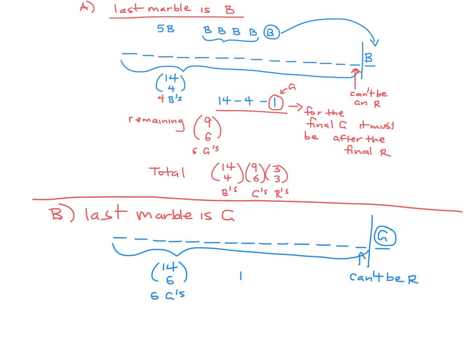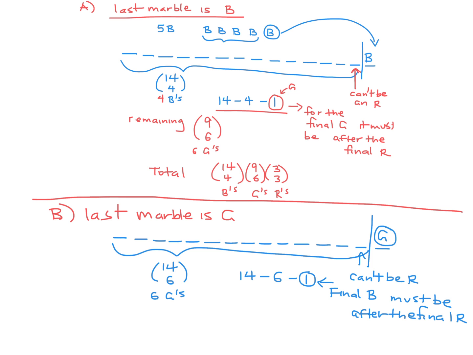And then remember, there's 14, but you just subtracted 6, but you've also got to subtract 1 because that 1 is for the final B. Because that final B must be after the final R in order for this to work. So that's got to be fixed.